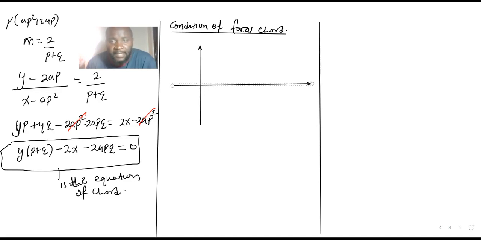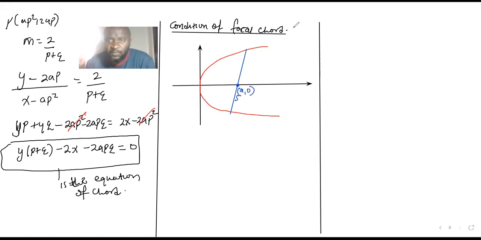Now, if this is my curve, this is my parabola. Now, remember, we have what we call a focus. The focus is where we have the A, 0, if you remember.